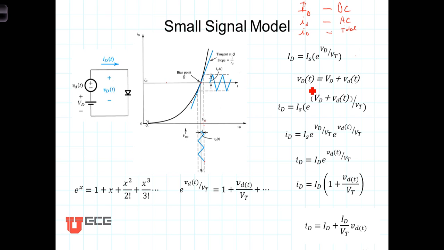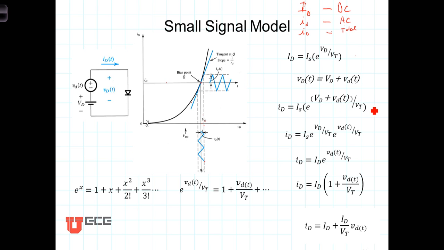We'll take this expression for the voltage across the diode and replace it into the diode equation, giving us this expression here. So you can see that we have e to the voltage across the diode, which is now the sum of the DC plus the AC components.